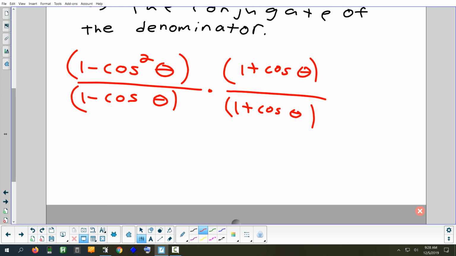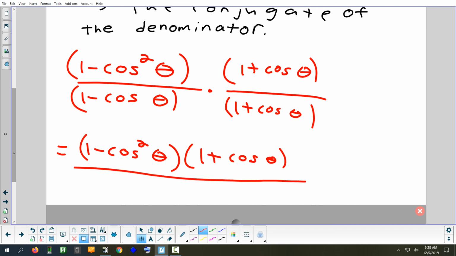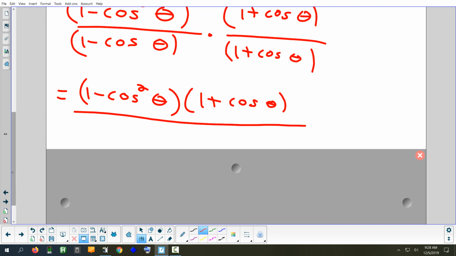Hope that if you do out the bottom, it magically cancels something in the top, and you never have to worry about doing it out anyway. Okay, so just leave the top the same: 1 minus cosine squared times 1 plus cosine. And you'll see that in a minute, something in the top isn't even going to matter. It's just going to go away.